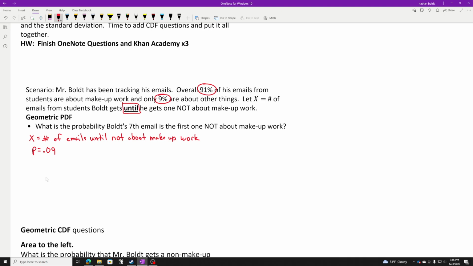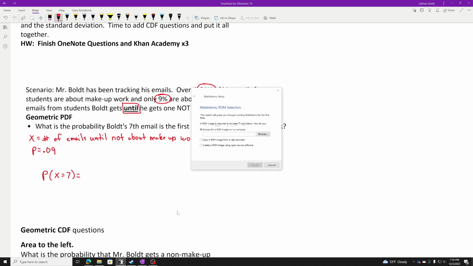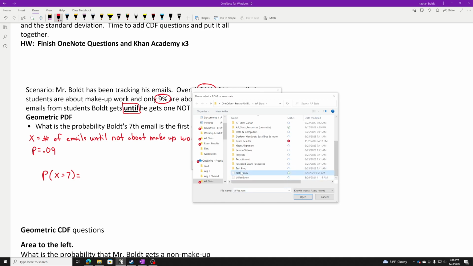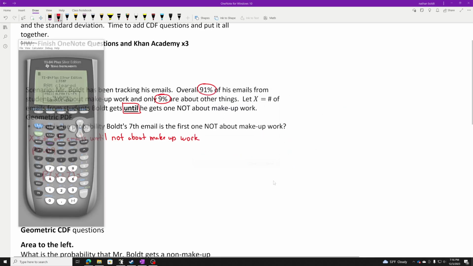So my first question here is, what is the probability that I have to wait 7 emails, that my 7th one exactly is not about makeup work, right? Now, these aren't too hard to do by hand, but the calculator is the main method that I want to make sure we got down.